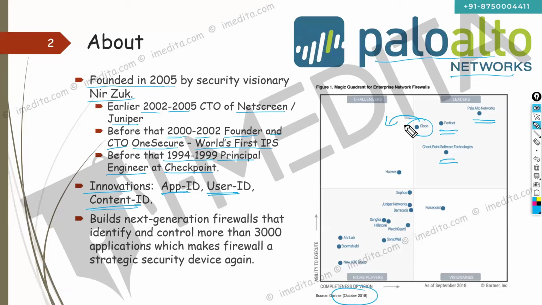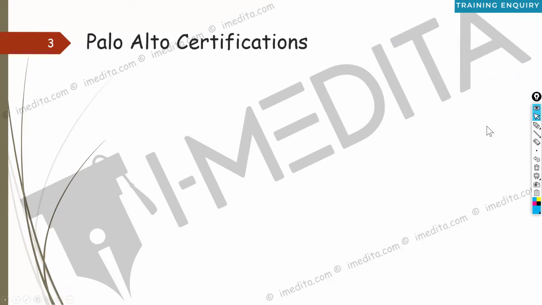Cisco is out of the race; Cisco is now in challengers. In present time, these three leaders in the market give firewall solutions to organizations or companies worldwide. These firewalls provide the same set of features. The name can be the same or different.